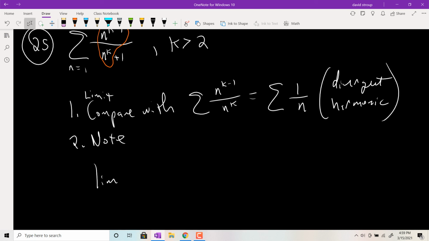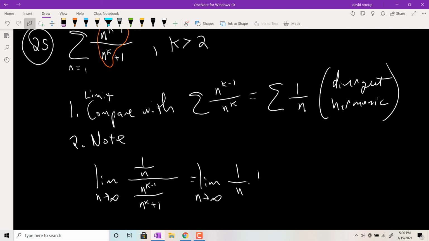So we have the limit of, I'll put the other one up top just to show you that it really isn't going to make a difference. So 1 over n all over n to the k minus 1 all over n to the k plus 1 as n goes to infinity. To divide, it's the same as multiplying by reciprocals. So you'll have 1 over n times n to the k plus 1 all over n to the k minus 1.